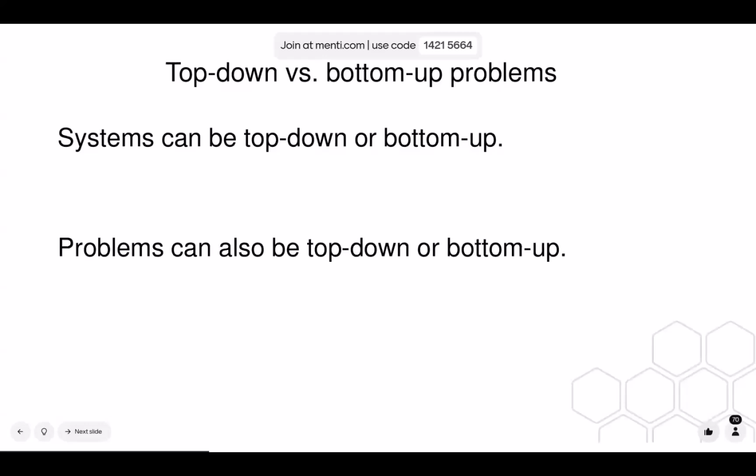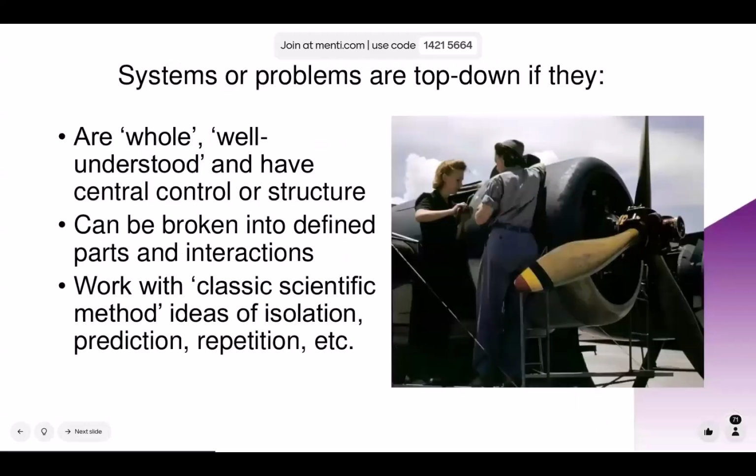Likewise, problems can be top-down or bottom-up. So a top-down or a mostly top-down system will have mostly top-down problems, and a bottom-up system will have mostly bottom-up problems. Again, nothing is ever 100%. But many systems are mostly one or mostly the other. Let's look specifically at top-down.